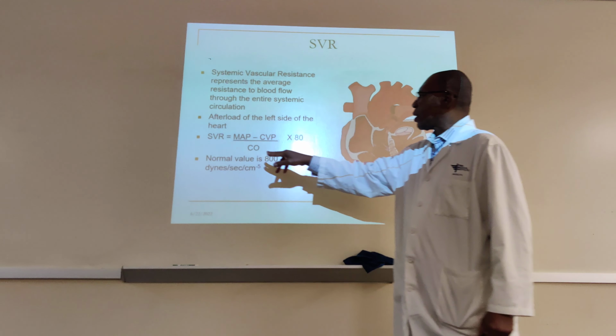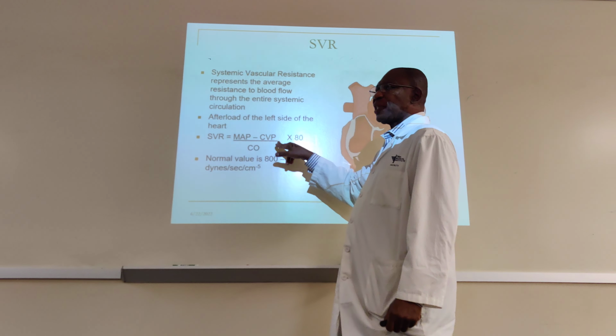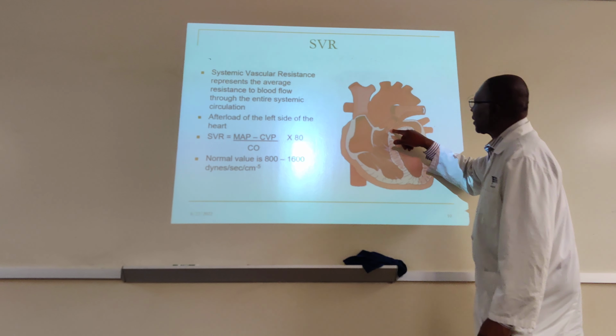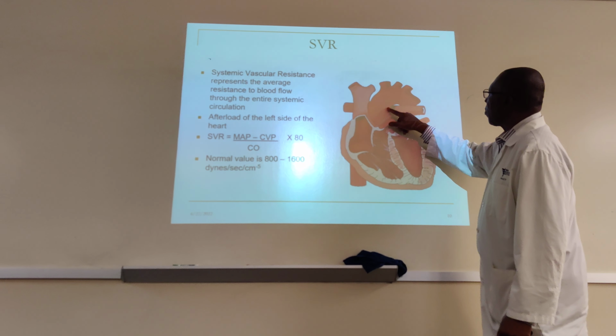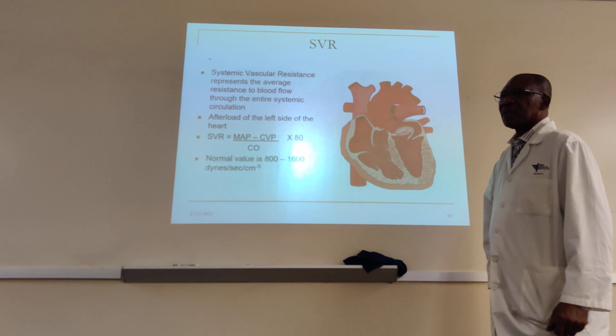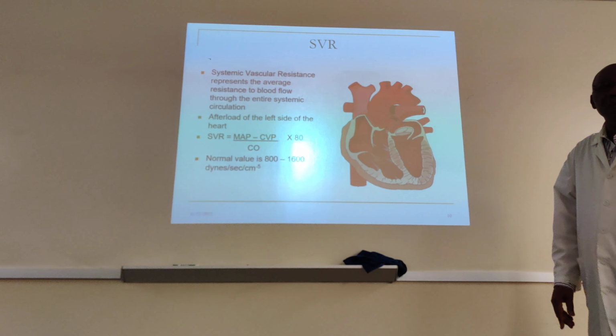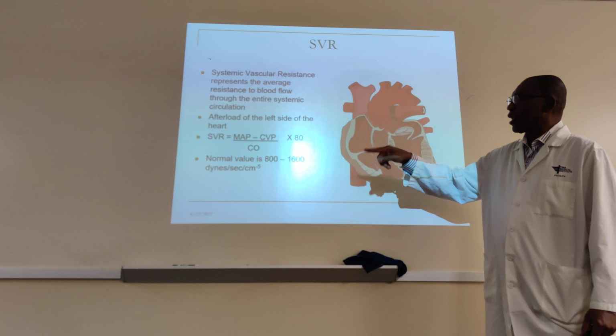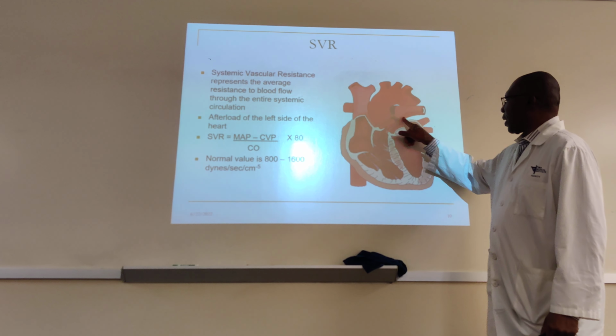So that's why we get MAP minus CVP, because we're measuring resistance to blood flow from here all the way back to the right heart. Okay? And then we're going to divide it by cardiac output, which is the blood pumped out here, coming around.